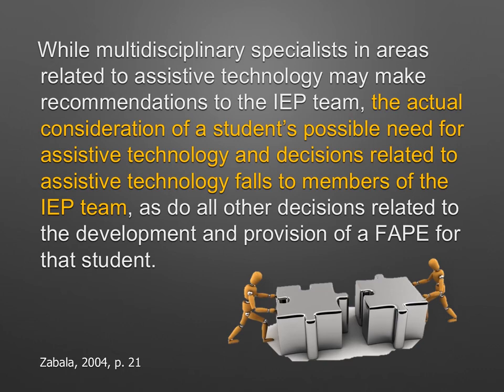Comments to the federal regulations in this area indicate that, quote, this would include any assistive technology devices and services determined by the IEP team to be needed by the child in order for the child to receive a free and appropriate public education.